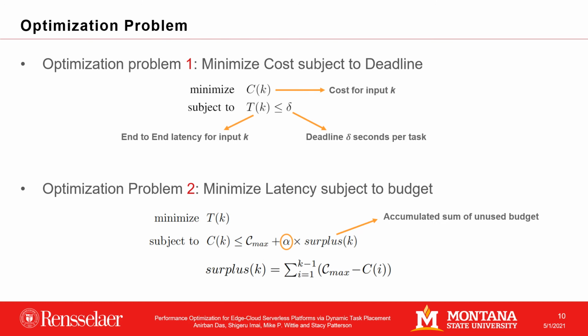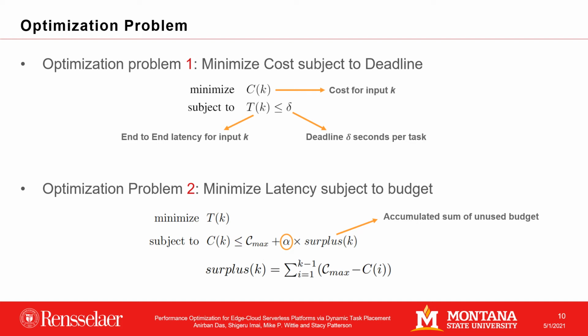So in our framework in this paper, we address two optimization problems to place tasks between the edge and the cloud. In optimization problem 1, we are trying to minimize the cost subject to a deadline per job delta, and in optimization problem 2, we want to minimize latency subject to some budget per job.